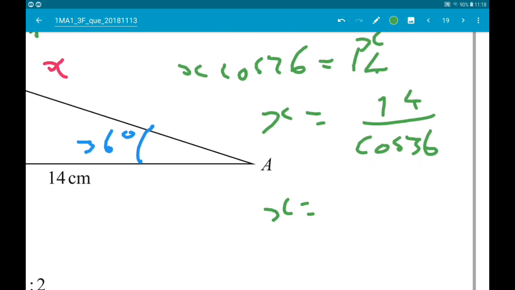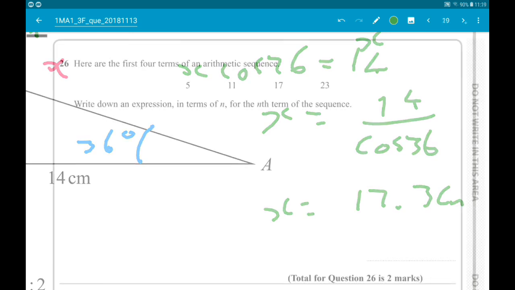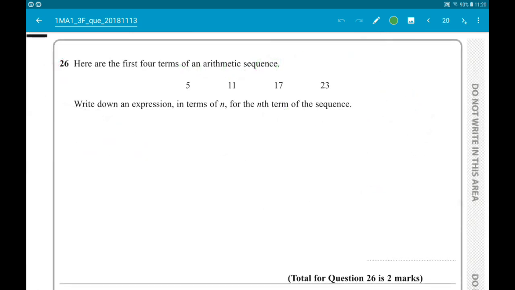So, definitely time for a calculator now. So, 14 divided by cos 36 is equal to 17.30 blah blah blah. We want it to 3 sig figs, so it's 17.3 centimeters.